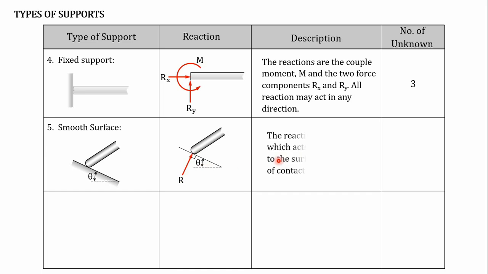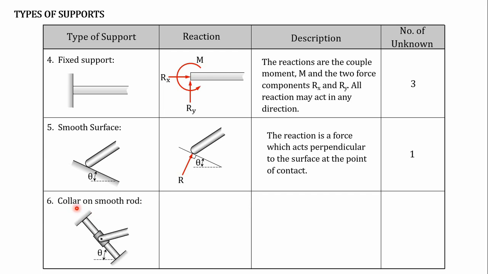At tandaan nyo class, the reaction is a force which acts perpendicular to the surface at the point of contact. So, ito yung point of contact class, at yung reaction natin, kailangan perpendicular to the surface. Nage-get niyo ako class? So number of unknowns is how many? That is only 1.